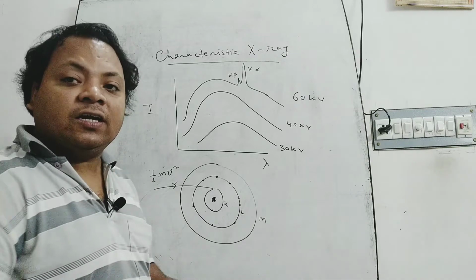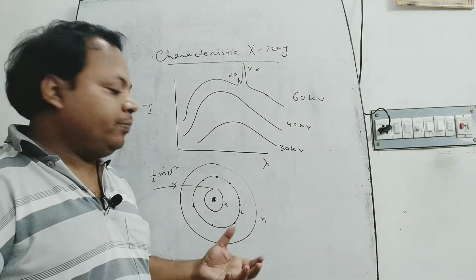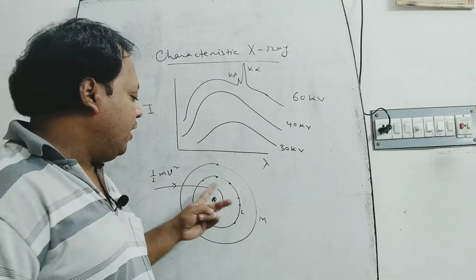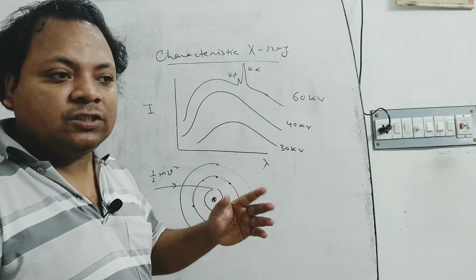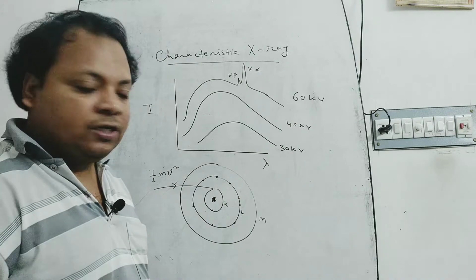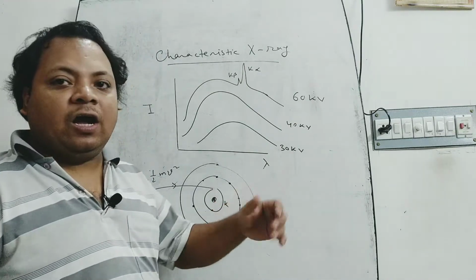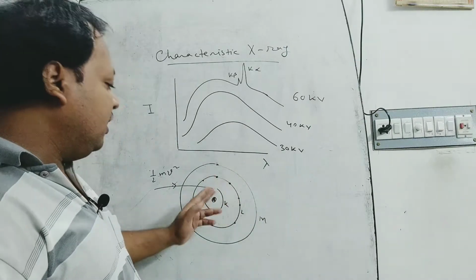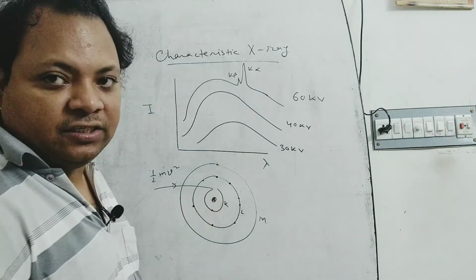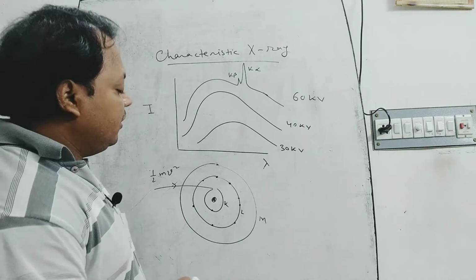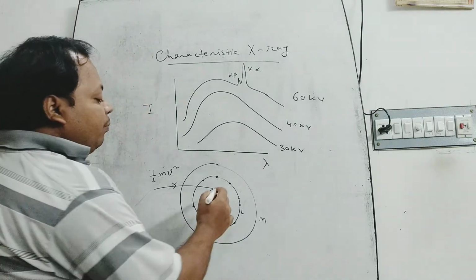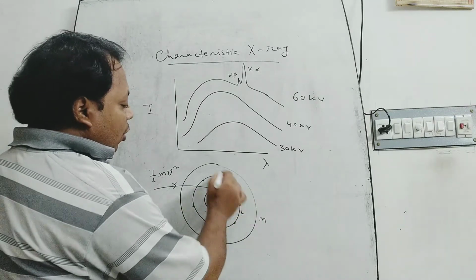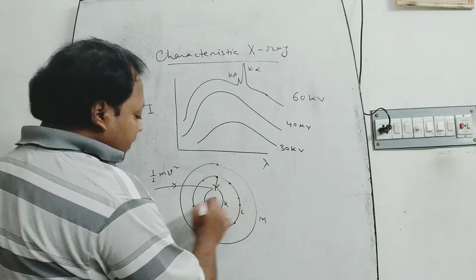You know that a K shell can occupy a maximum of 2 electrons and 1 electron is displaced. Therefore, an orbital electron jumps from the outer shell to the inner shell. That is, an electron may jump from the L shell to the K shell or from the M shell to the K shell.